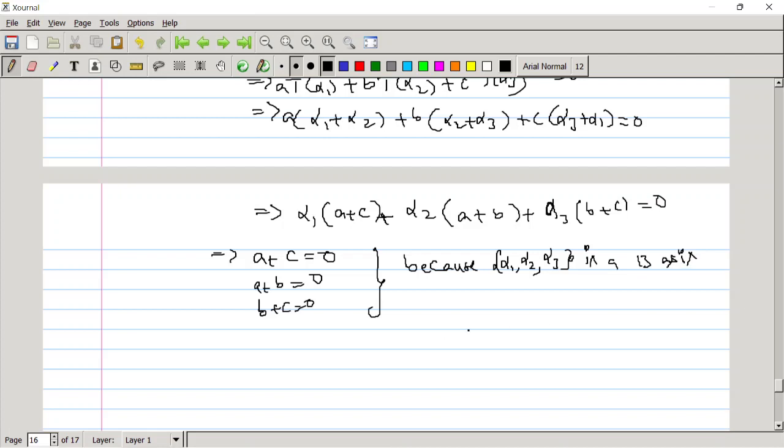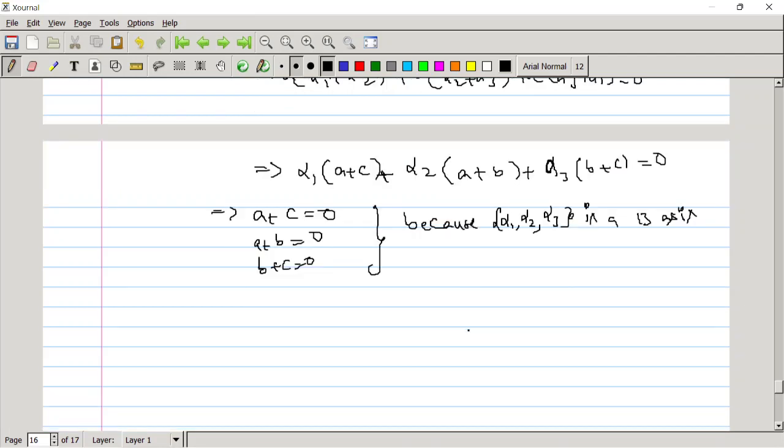Whenever the linear combination of the three vectors is 0, the scalars are zeros, because a basis is linearly independent. So from that property the scalars have to be equal to 0.